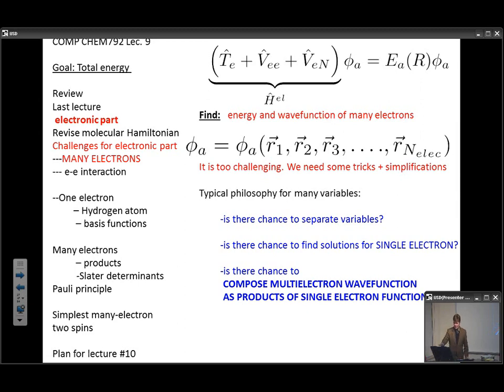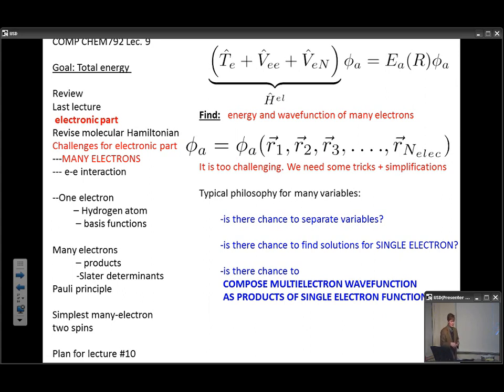Okay, so we are not the first people on the Earth who are trying to solve a mathematical problem where one needs to find a function of several variables. This type of problem was known for a long time.